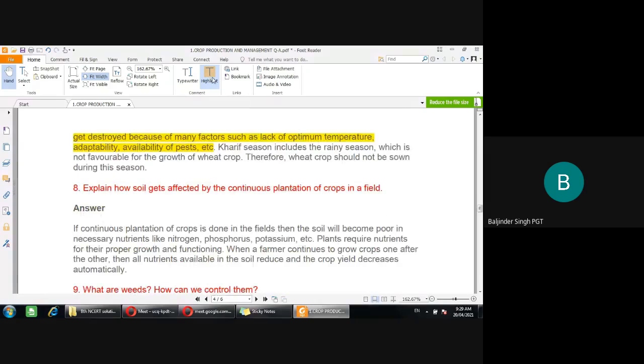Let us now move on to question number 8. Explain how soil gets affected by the continuous plantation of crops in the field.